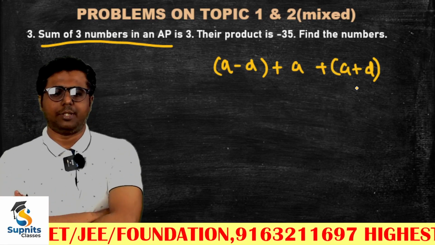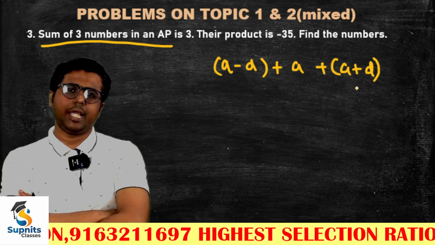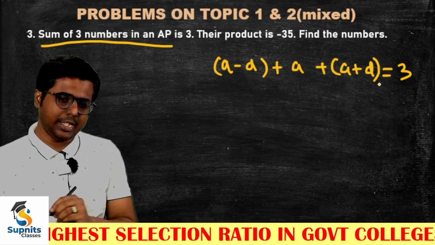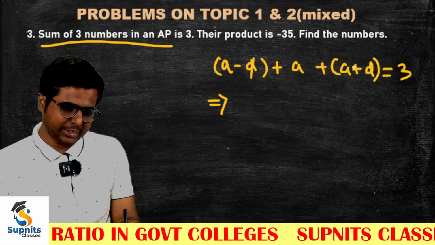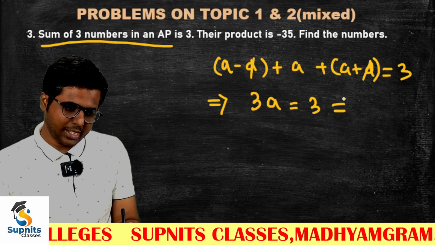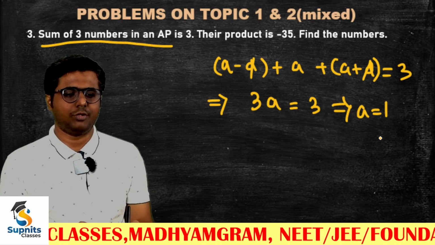I hope everybody agrees with me. The summation of these numbers is 3, and if you see, this D and this D will cancel out, 3A will be 3, and A will be nothing but 1.